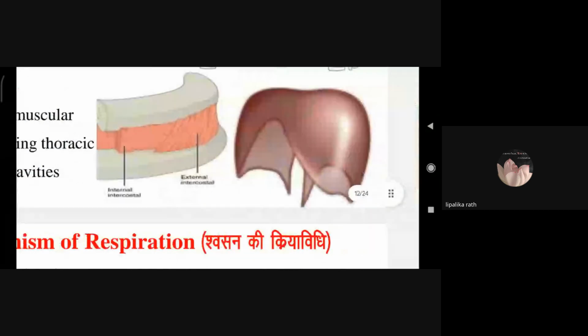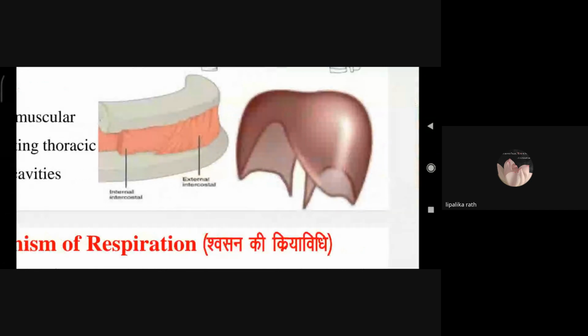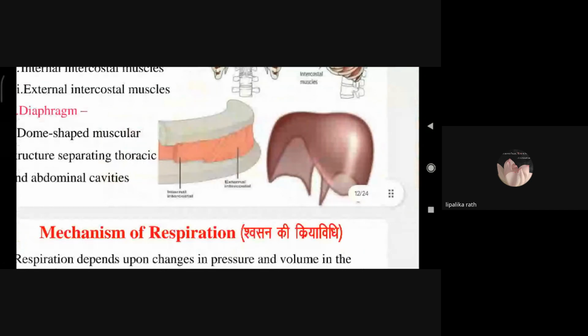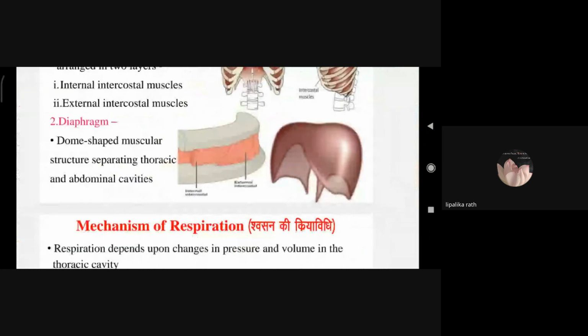And this picture is of the diaphragm. I hope you can identify it. It is a dome-shaped muscular structure separating the thoracic and abdominal cavity, and we have studied the diaphragm in detail in the muscular system.